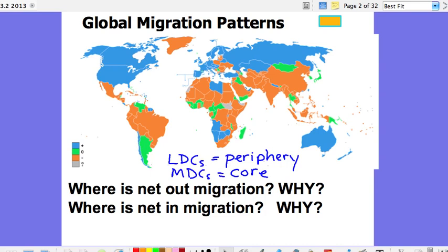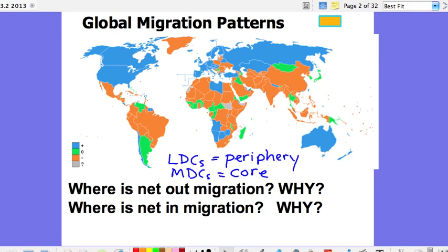Also net in migration. See Australia and New Zealand, net in migration. And then you see a few pockets of blue scattered in. In Africa, you see Libya and see some countries in southern Africa. There's Turkey. You see some countries in the Middle East here. And you see Nepal here.